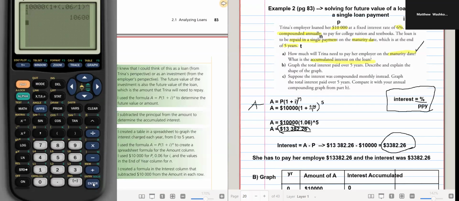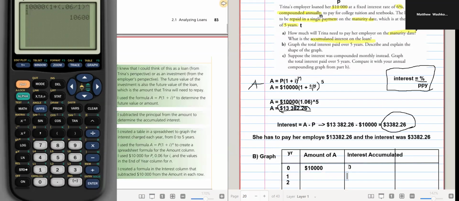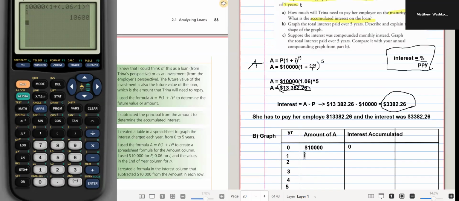So it's a 1 instead of a 5 there. $10,600, right? 10,600 minus $10,000 gives me $600 of interest.